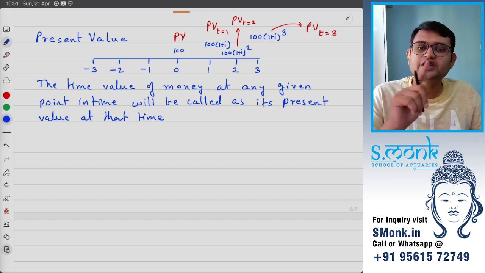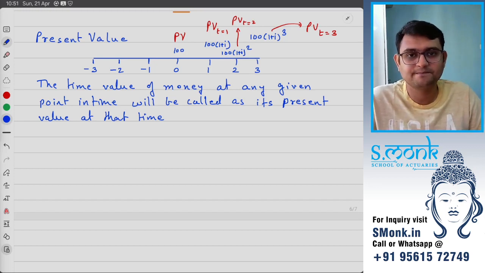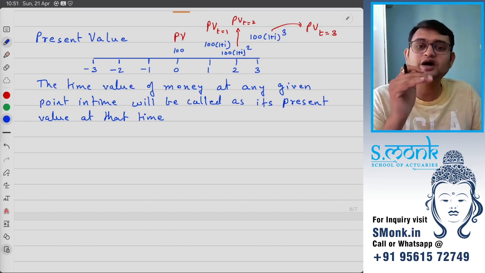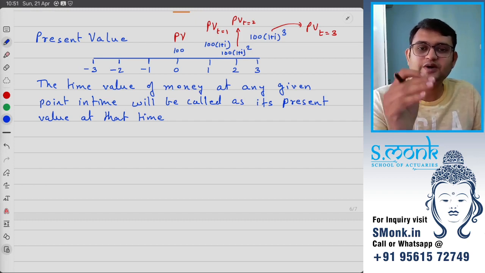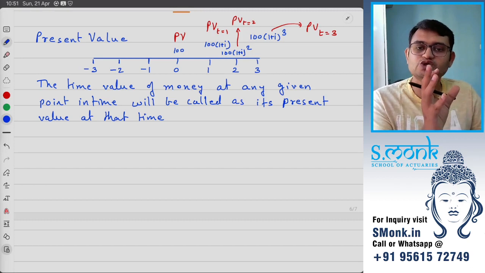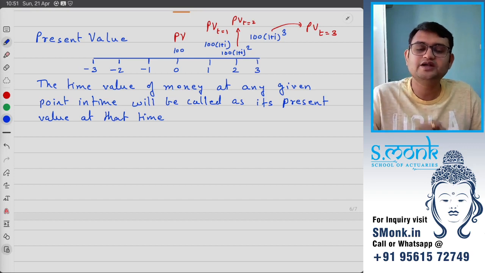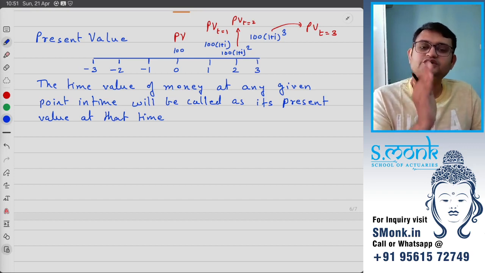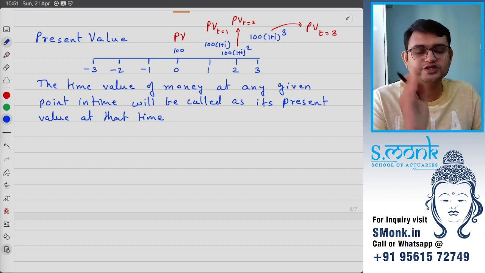So we will never assume that money given today has no value before today. It may be in some other form, as goods, or as services. So we will assume that there was value even before this money was actually given.